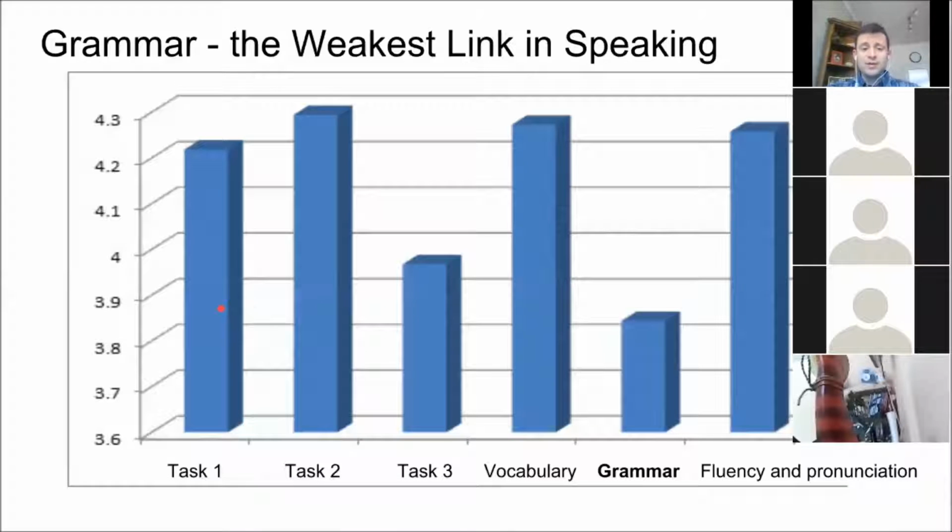You know this now, I hope, but as they explained, the exam's a bit different this year, and it only consists of 2 parts instead of 3. But the main marking criteria, vocabulary, grammar, and fluency and pronunciation, are the same. So we hope to be able to do something about that grammar section with some last-minute revision exercises that we're going to look at today.